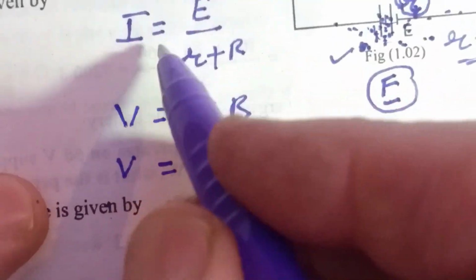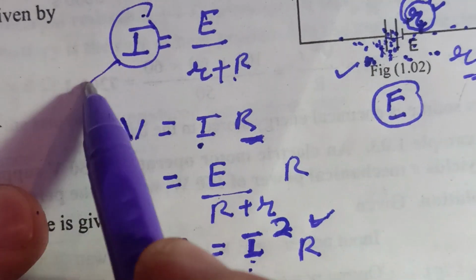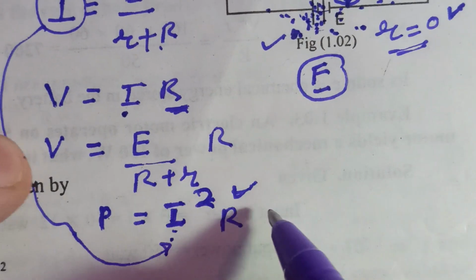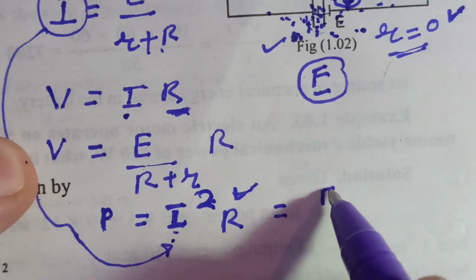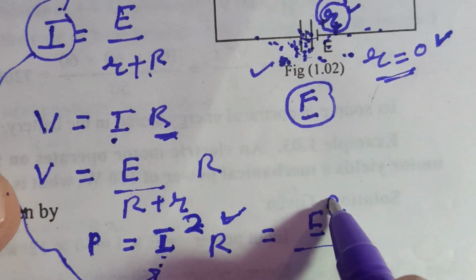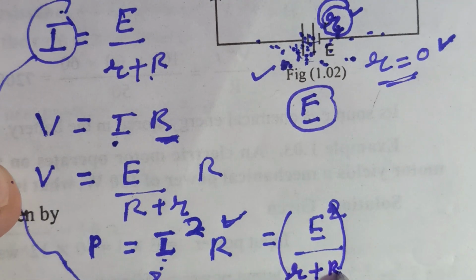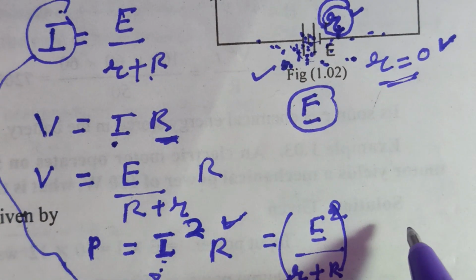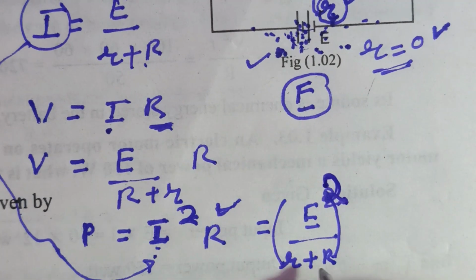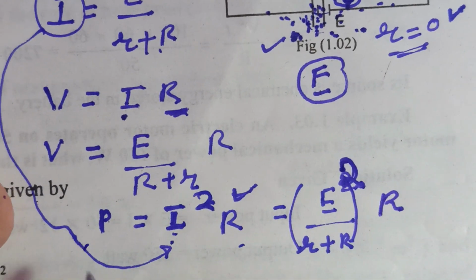Current is E upon small r plus capital R. Substituting this current here, it becomes E upon small r plus capital R, whole square, into capital R. This is the power.